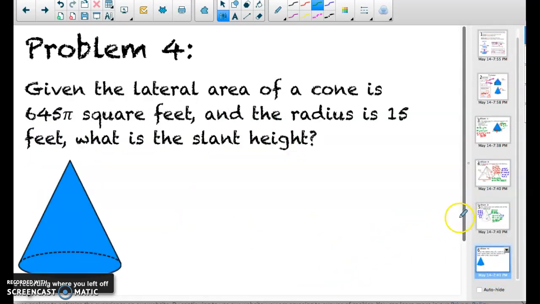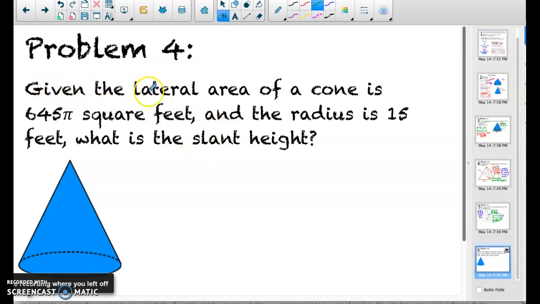Okay, last example. Problem 4. Given the lateral area of a cone is 645 pi square feet and the radius is 15 feet, what is the slant height? So first thing I'm going to do is identify what formula they want me to use. It's always going to be given to you.